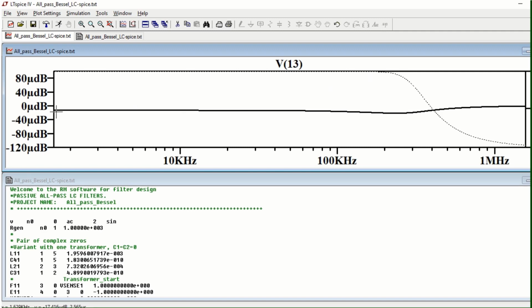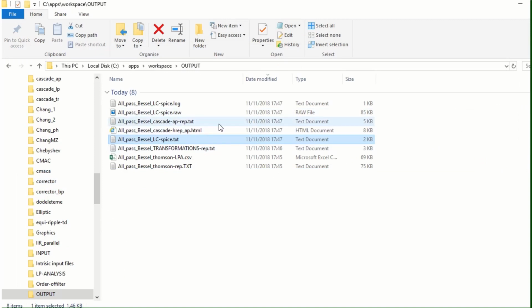As for the amplitude, you can see here microdecibels, which means the unity gain is approximated with at least 7 significant figures in the schematic, not only in the transfer function. Now we will go for the schematic.